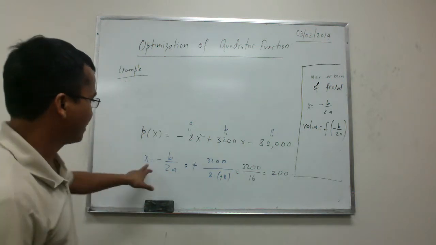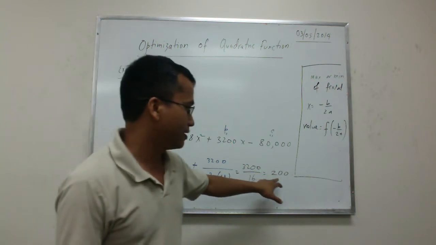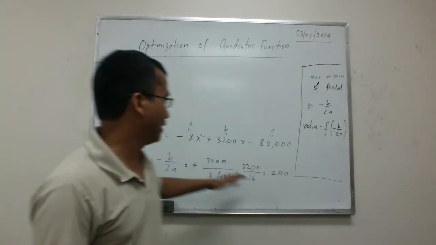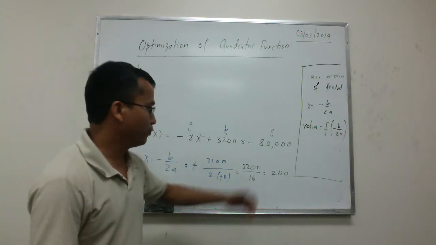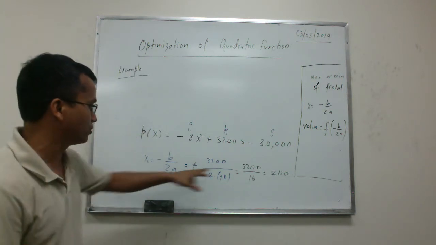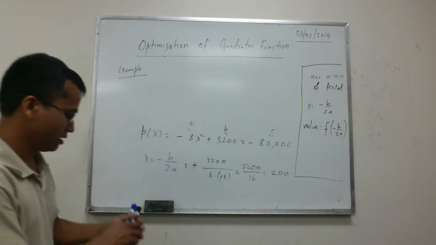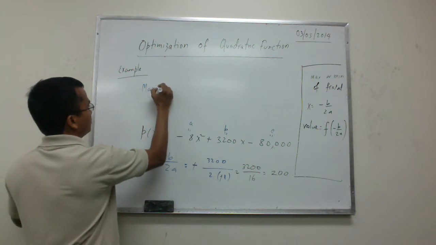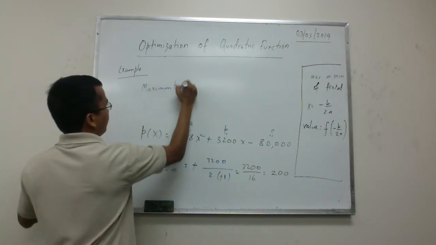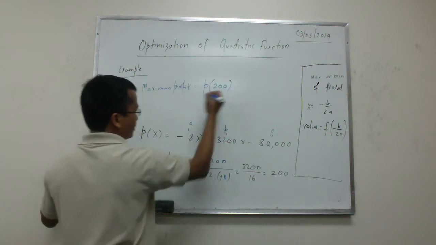So that's why at x equal to 200, if that company rents 200 apartments, then that company would have maximum profit. And if you want to find that maximum profit, then you just have to plug x equal to 200 into this function. So the maximum profit of the company would be the value of p when x equals 200.